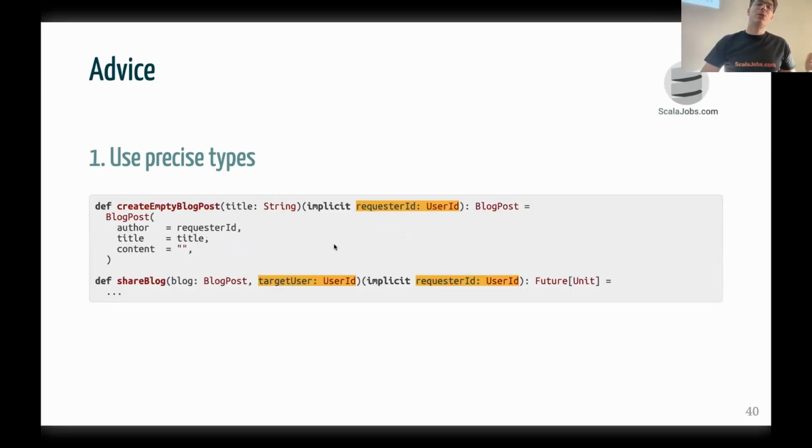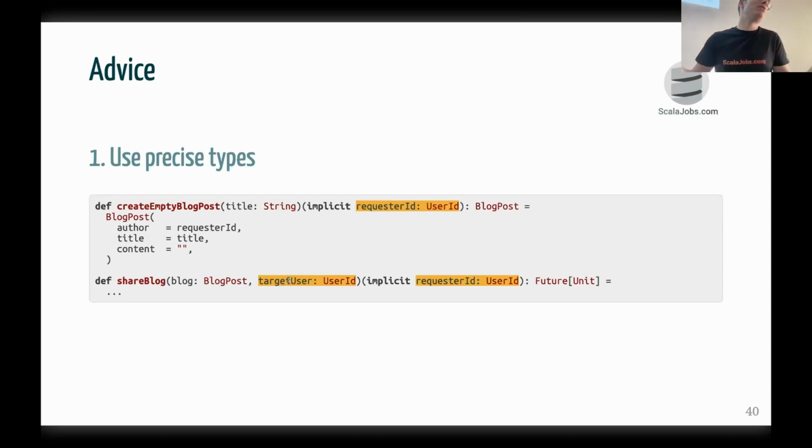In that sense, the example I had with the user ID may not have been so great, because you may have a method like shareBlogPost that says, given a blog post and the user with whom I want to share the blog post, and you have the person who requested the sharing. And I find it a bit confusing to have one user ID that is passed implicitly, one that is passed explicitly.